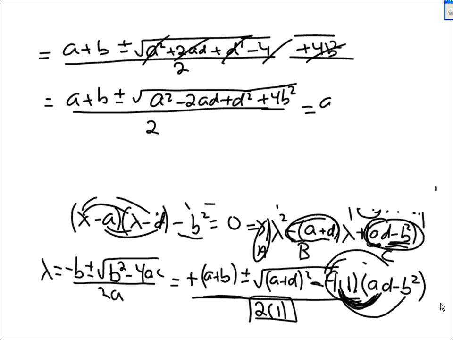We have A plus D plus or minus the square root. Now, this part here is a perfect square. It's A minus D squared, which is never negative. And 4B squared is never negative. And when you add two values that are never negative, you won't get a negative answer.